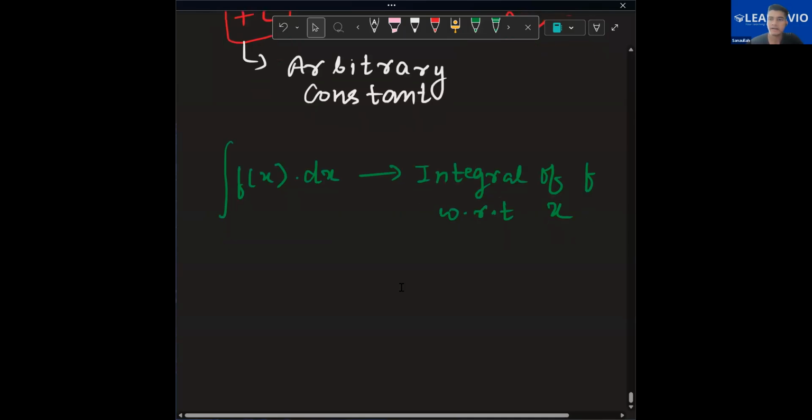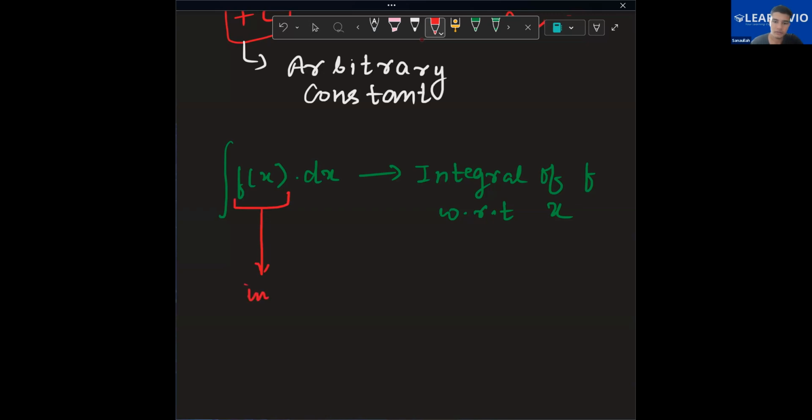All right. And this f(x), whatever is inside, is known as the integrand. And this x is what?